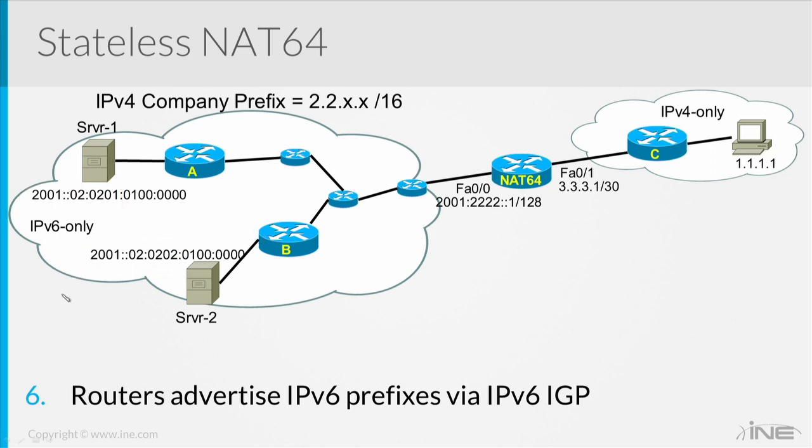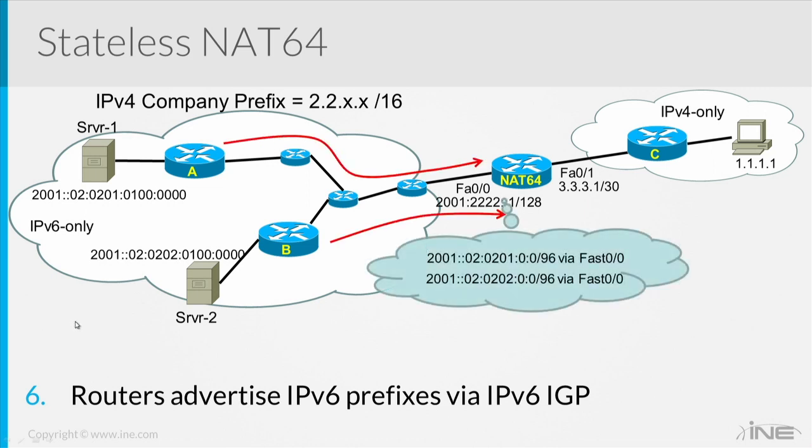So when they know that, now they have to use EIGRP v6 or OSPF v3 or something to advertise that prefix into the IPv6 network. So eventually, my NAT64 router, this is the guy that's actually going to be doing the translation of 6 to 4. He learns about those prefixes. He learns that those /96s exist out there and what interface they exist on, because A and B advertised it to him via some IPv6 IGP routing protocol.